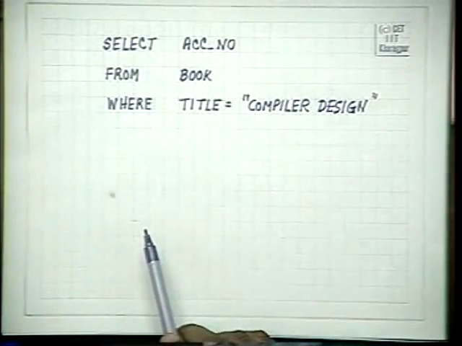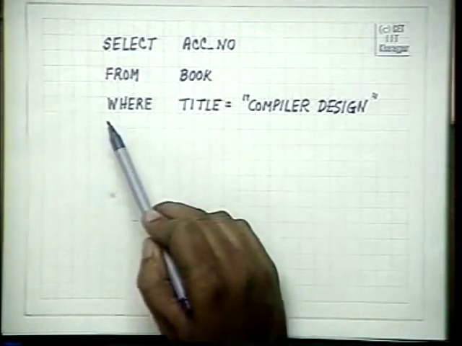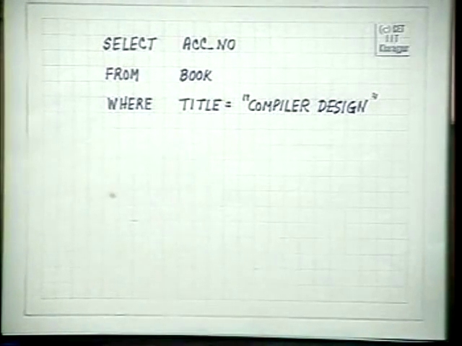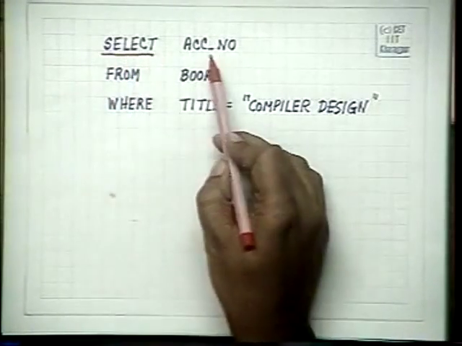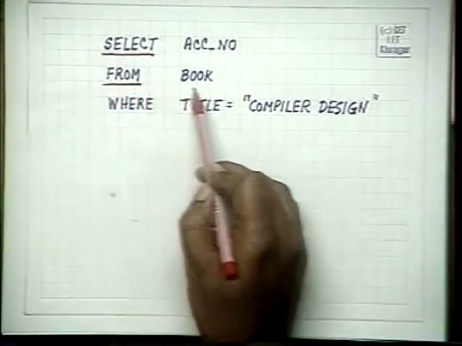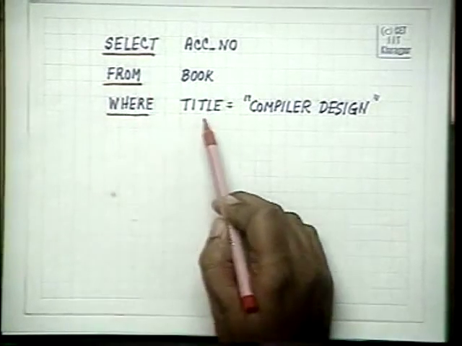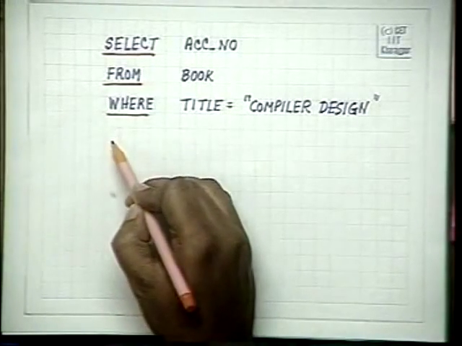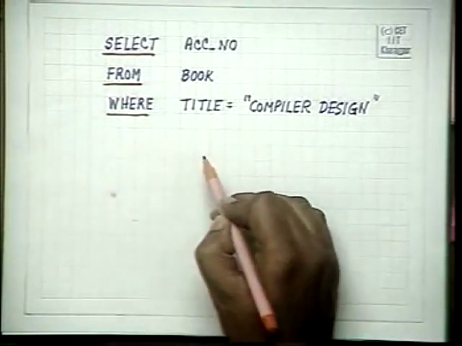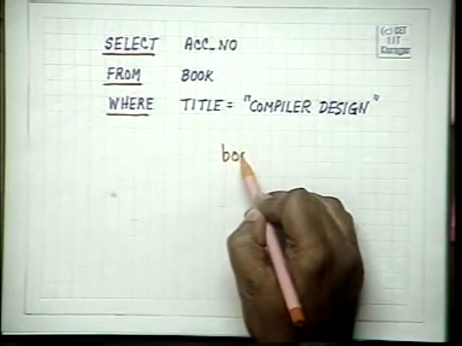Now let us see the one where we use the where clause. In this example, we say select accession number from book where title equal to compiler design. The equivalent query in relational algebra will be on book.